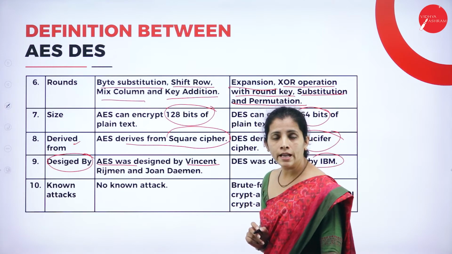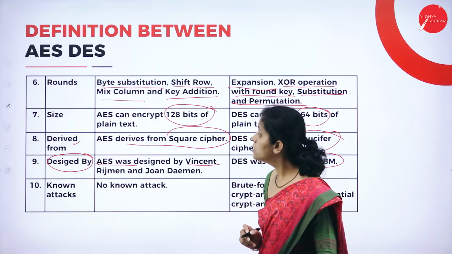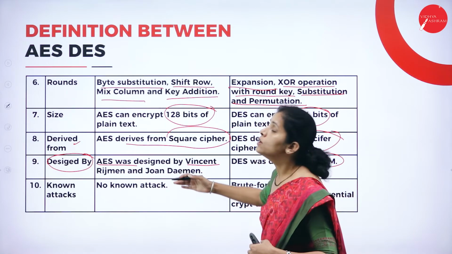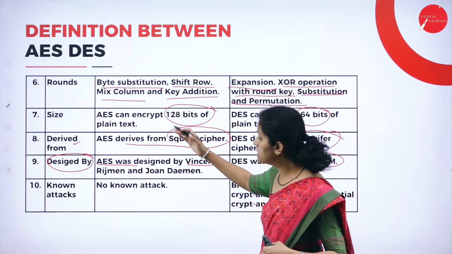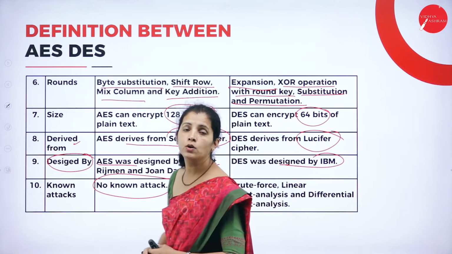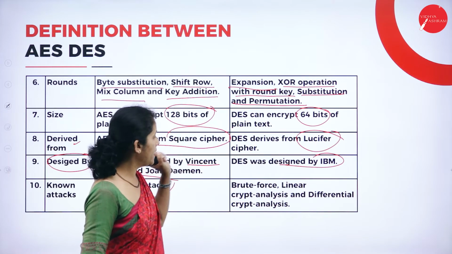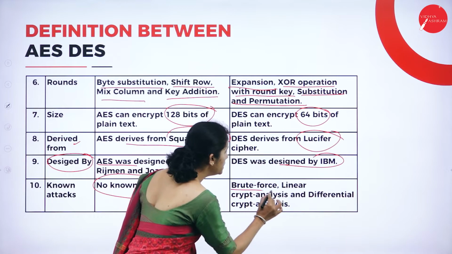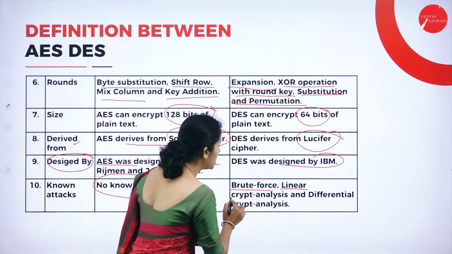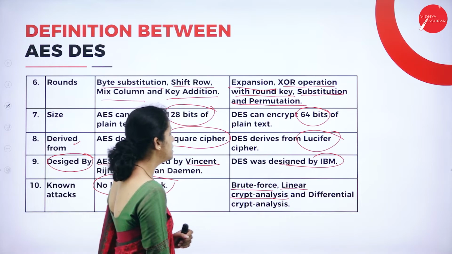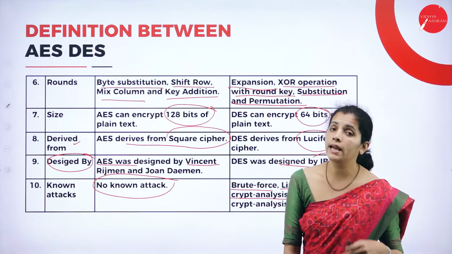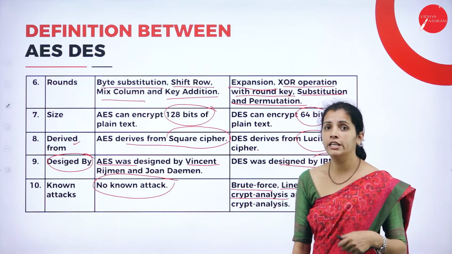And if I consider the next parameter, known attack, that is the possible attack, with AES there is no known attack. And with DES, the possible attacks are brute force attack, linear cryptanalysis and differential cryptanalysis. These are the attacks we can expect on DES.